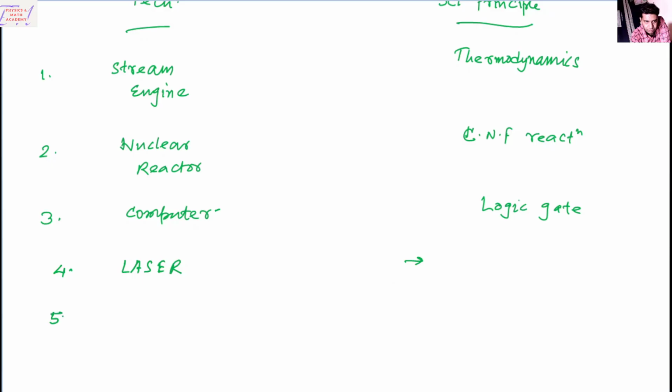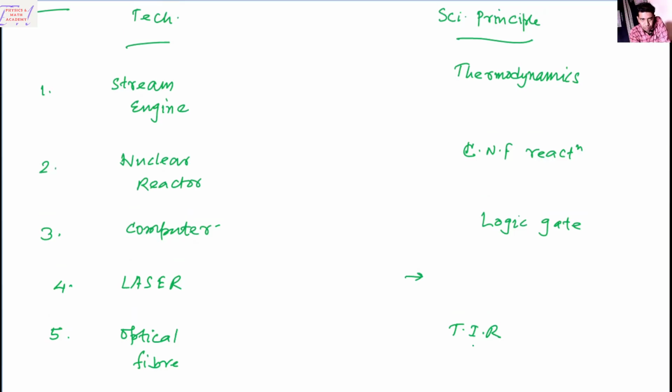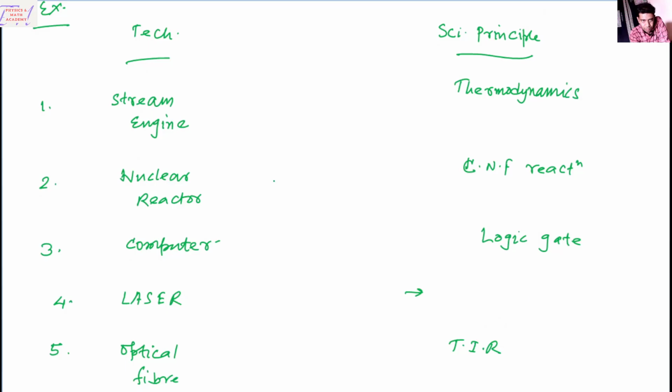If I'm talking about optical fiber, this is total internal reflection. You know these things. So there is a difference. You should look carefully that there is a difference. For every technology, there is a scientific principle behind it. So technology is a byproduct of scientific principle, you can say.